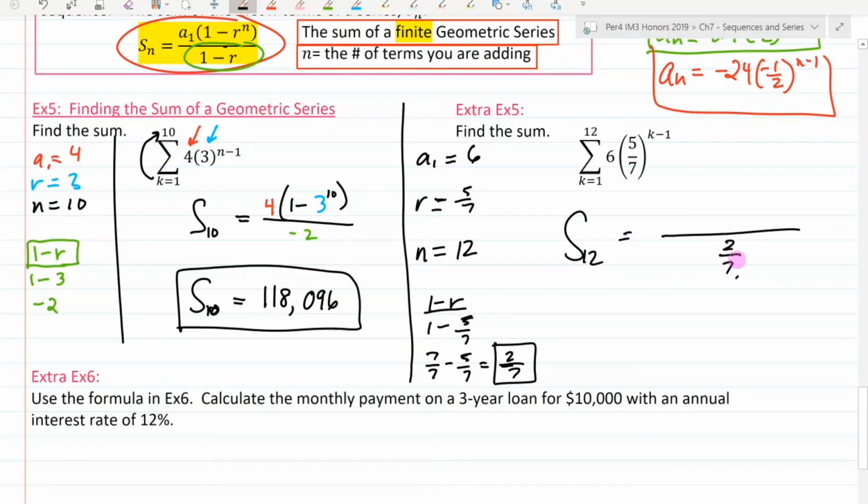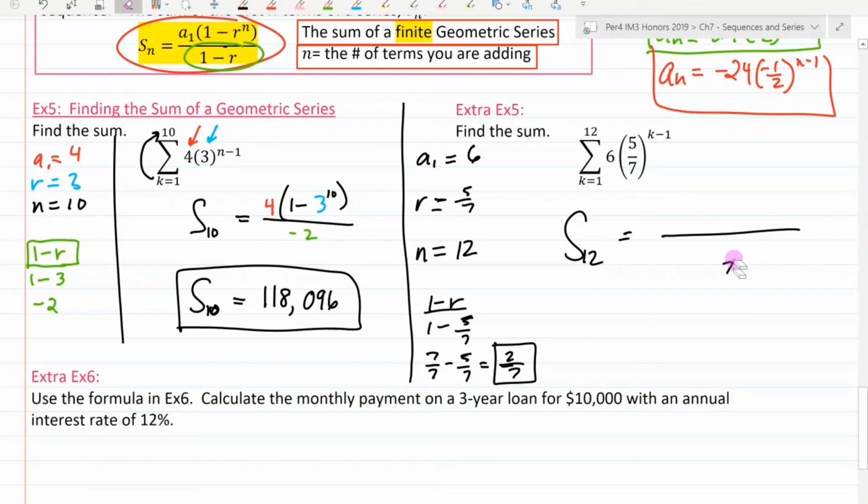Remember that dividing by a fraction is the same thing as multiplying by the reciprocal. So if you don't want to put divided by 2/7, you're more than welcome to just at the end multiply by 7/2. And 7/2 is 3.5. So you can do everything at the top and then multiply your result by 3.5.